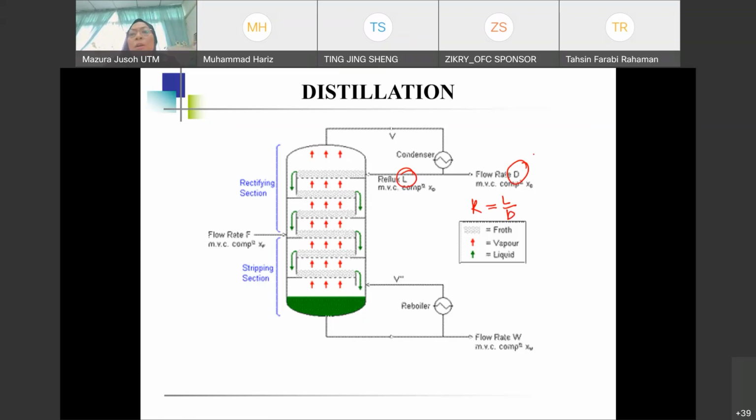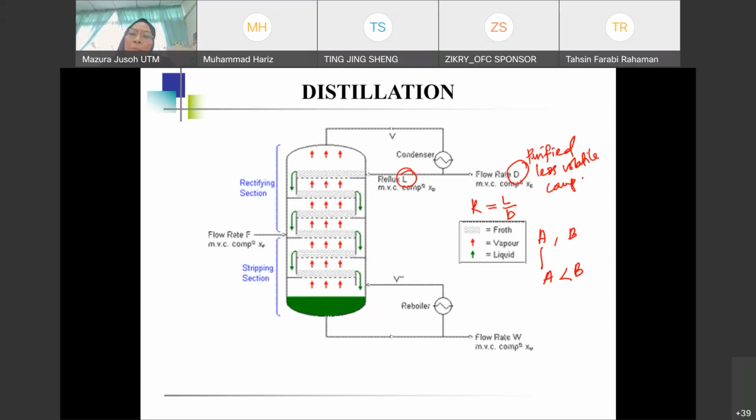So this is your purified, less volatile component.